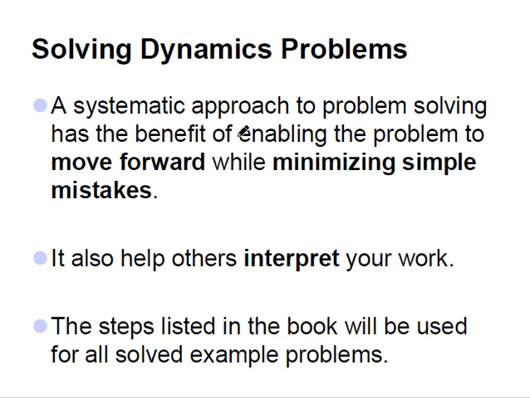Solving dynamics problems, we have to use a method or approach, and that method we call a systematic approach, because you have to do it. You cannot solve a dynamics problem whatever way. You definitely need to solve one step after another, meaning do it systematically.